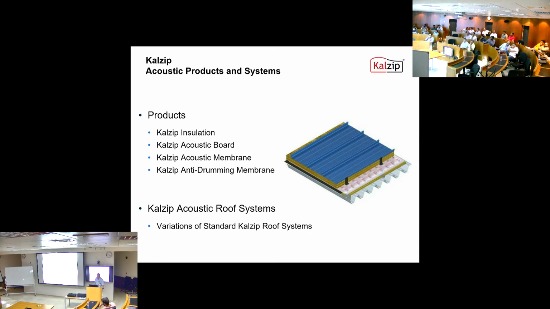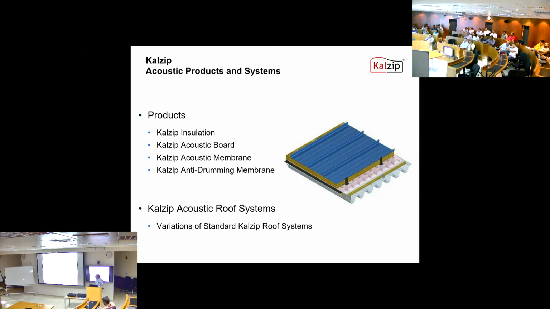And this is what we can do from an acoustic point of view. It's a standard Calzip system. We can look at different insulation products to add mass. We can look at cementitious boards, again to add mass. Acoustic membranes add mass, so by adding these components we can achieve quite exacting acoustic requirements across the full range of the octave bands.